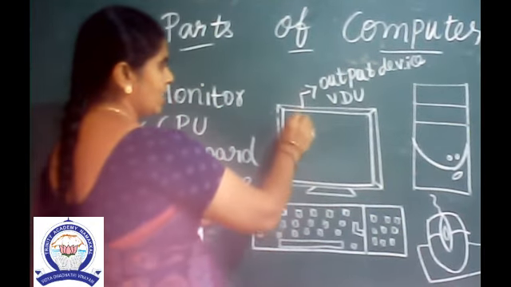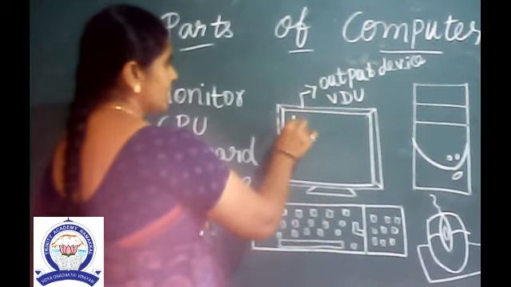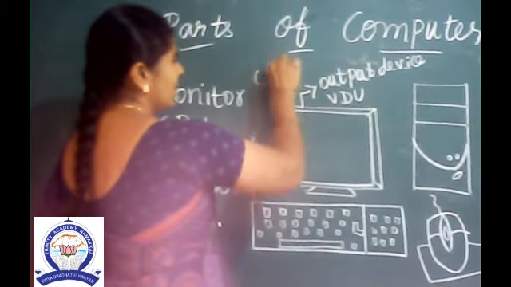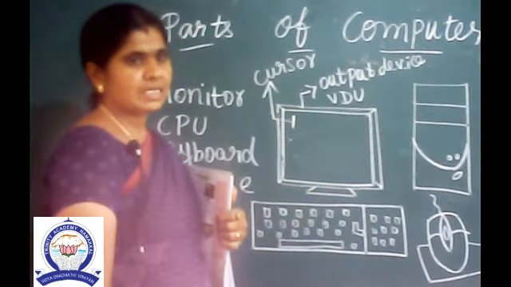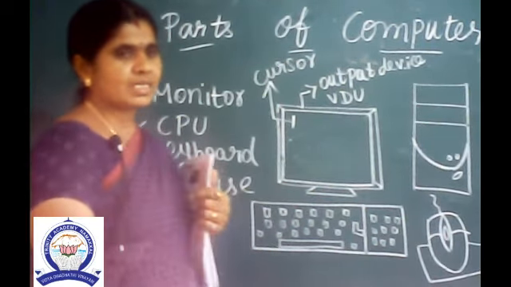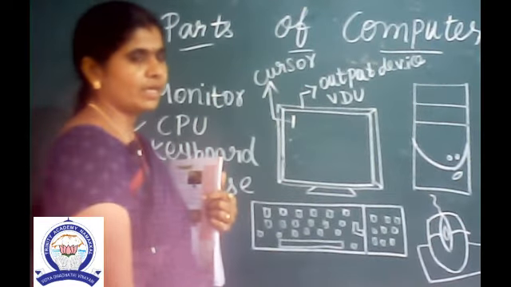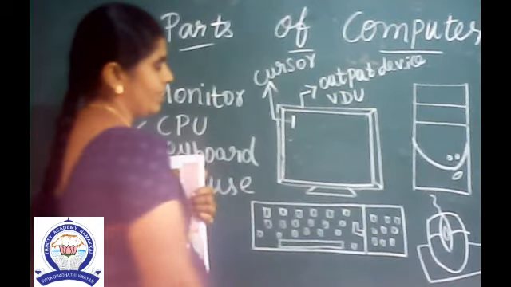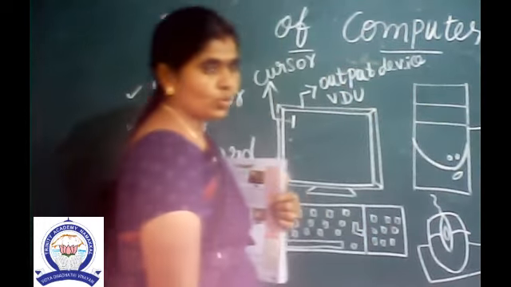On the screen this is called cursor. The blinking line is called cursor. What is the cursor telling? Here we can start typing. Very good.